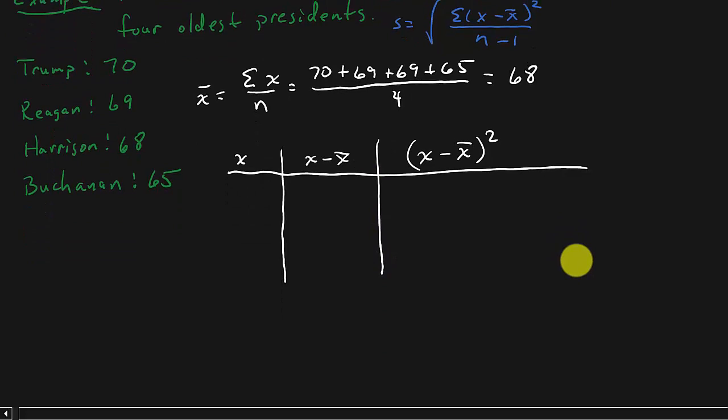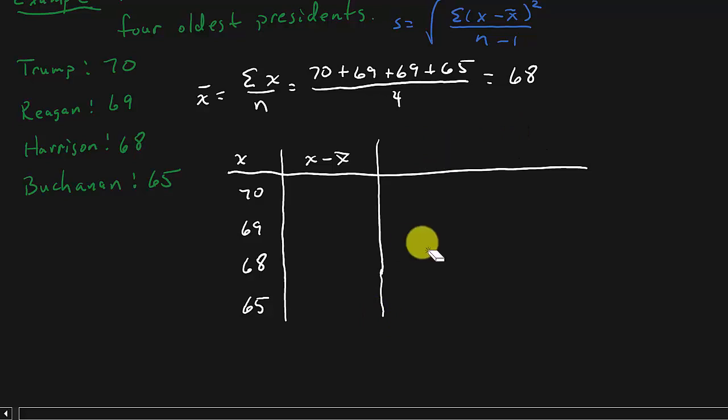And let's see what we get. So that's going to be 70, 69, 68, and 65. Let me move this line over some to give us a little more room.